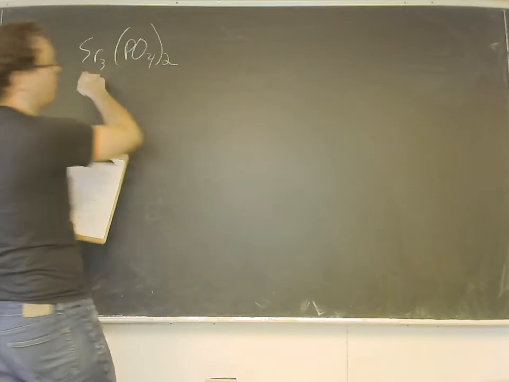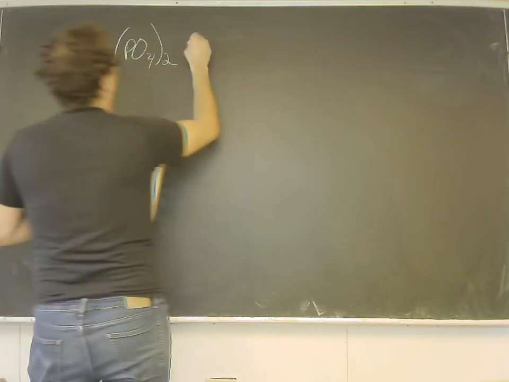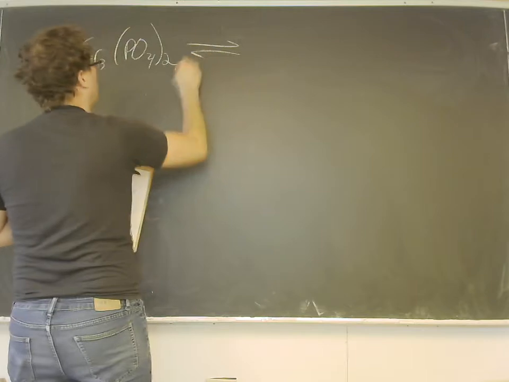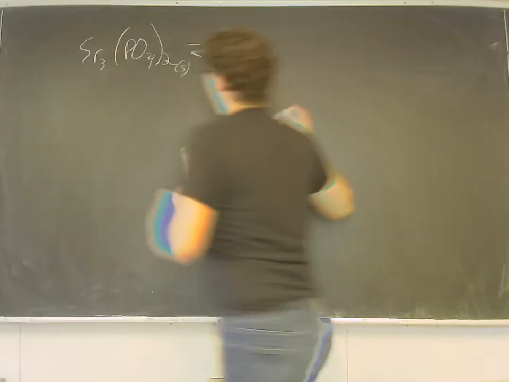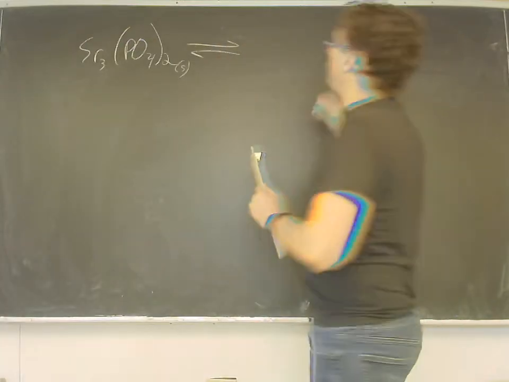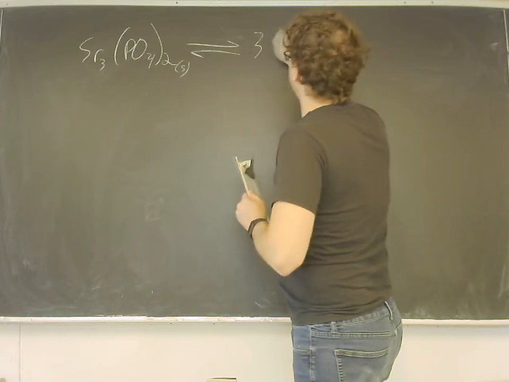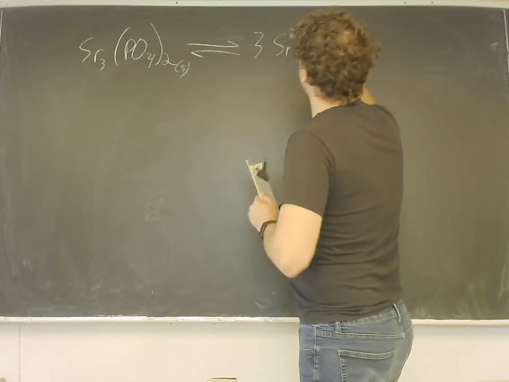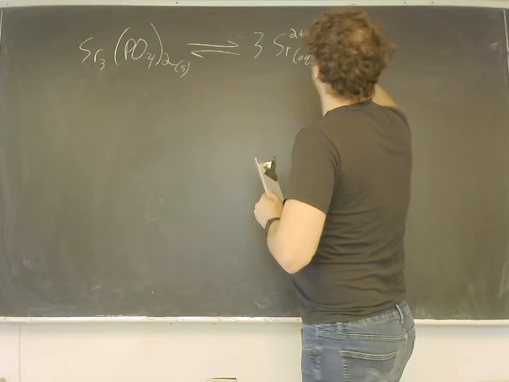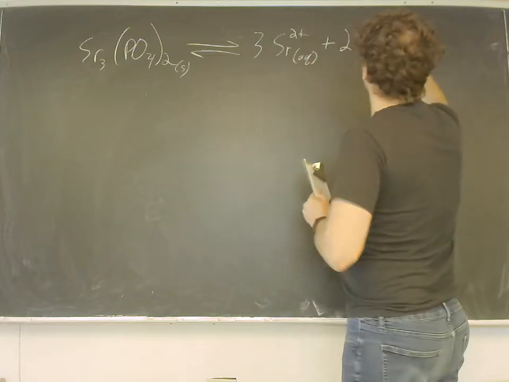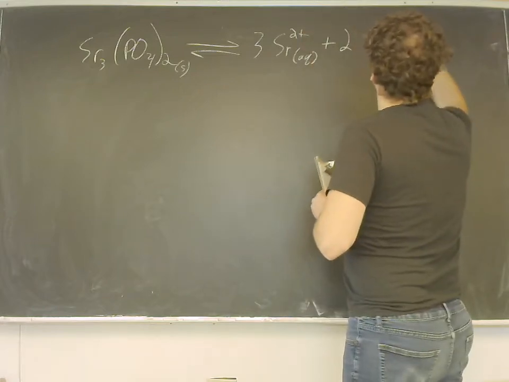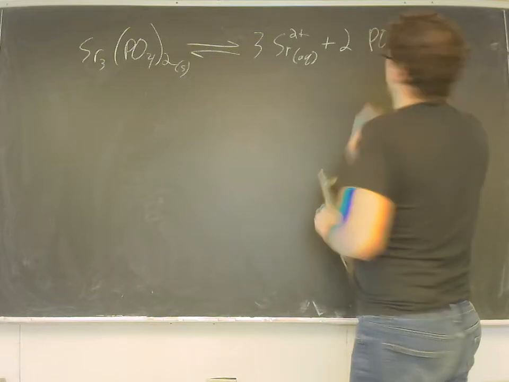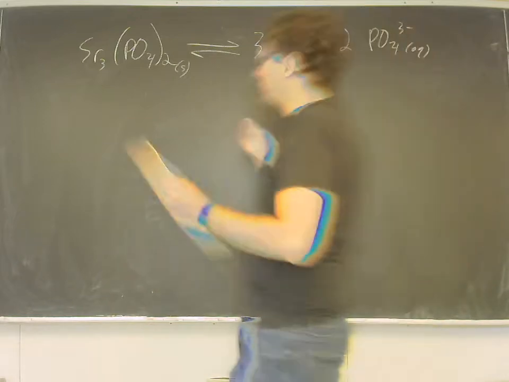That's strontium phosphate. That is a solid, and that will be in equilibrium with 3 Sr2+ aqueous plus 2 PO4 3- aqueous. Well, we can go ahead and do an ice table.